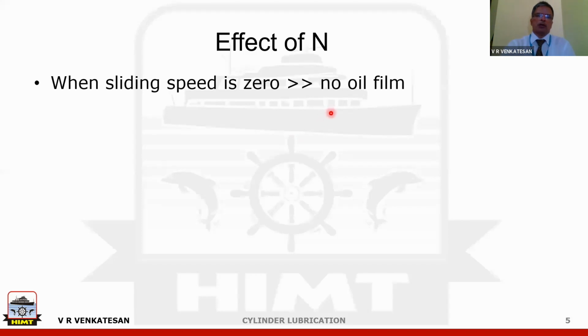And there is no oil film at all which is generated. So in any bearing, including the piston ring liner lubrication, if the speed of movement is less, there will be no oil film at all. So in such a case, metal-to-metal contact will take place, and this metal-to-metal contact will increase friction.